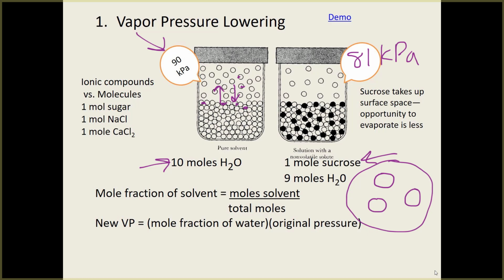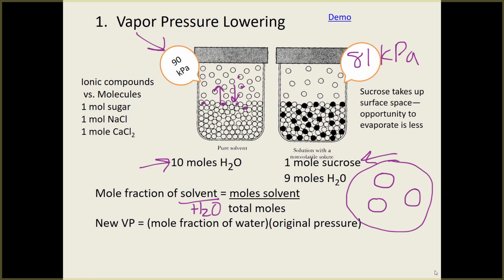Now, there is a way to calculate the vapor pressure over a solution. You should know that the vapor pressure will always be lower for a solution as compared to water. But how you calculate the new, lowered vapor pressure is you have to find the mole fraction of the solvent. This would be the water most likely. So you take the moles of the solvent divided by the total moles.